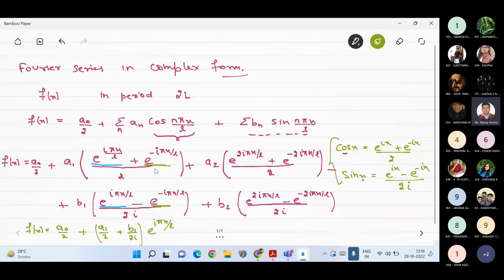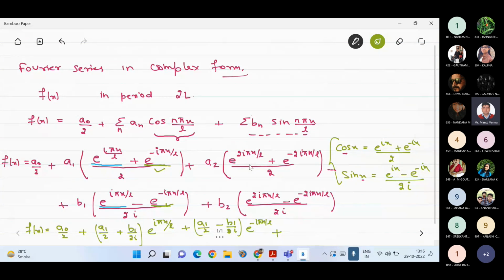So if I club this term and this term, I have to write plus a1 by 2 minus b1 by 2i, and e raised to the power minus iota pi x by L.